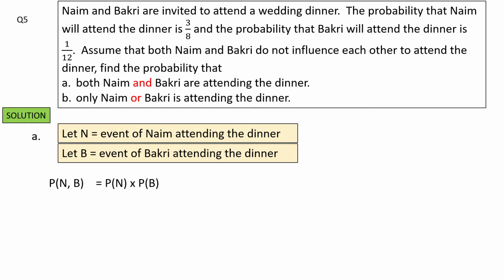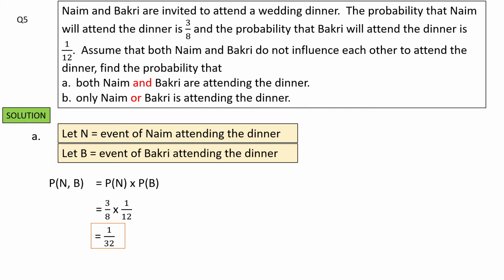So the formula can be written as probability Naim going times probability Bakri going for the dinner. The probability of Naim attending the dinner is given as 3 over 8, and the probability of Bakri going for the dinner is 1 over 12. So simplify this to get the answer.